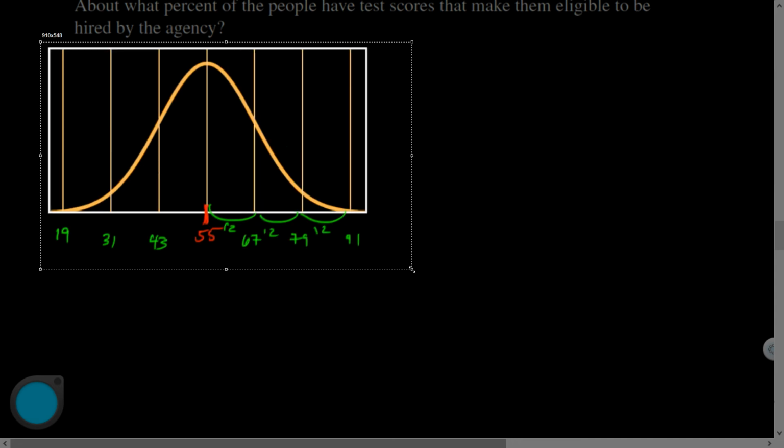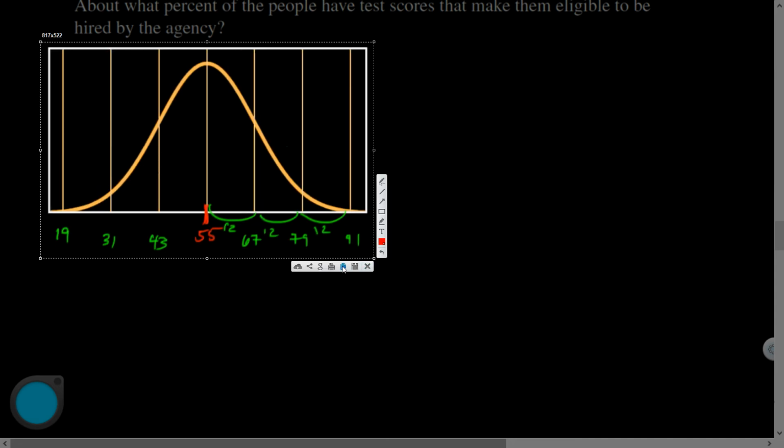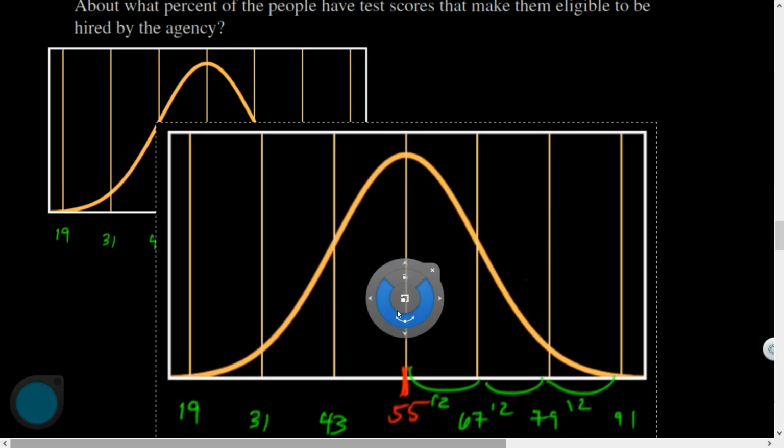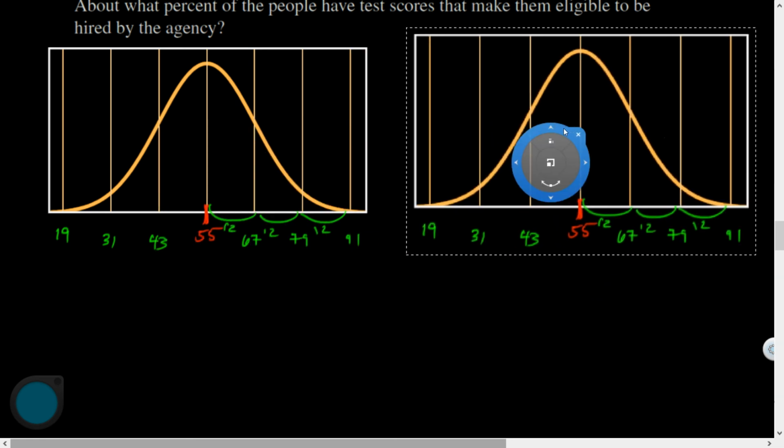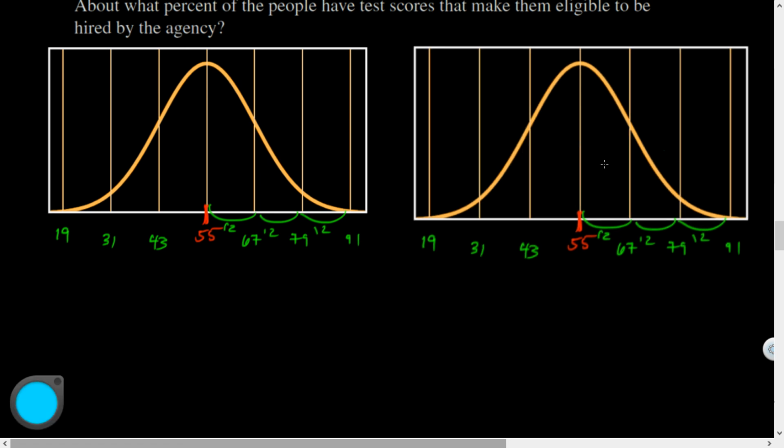Here, actually, watch this. This is my cheat move. So here's my original. Okay, so now that I have those labeled, how'd you get 68%?